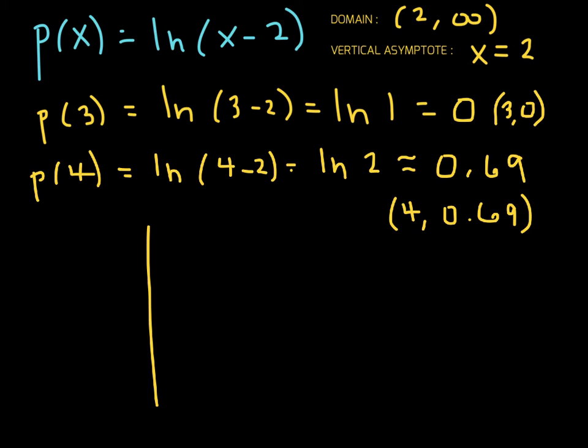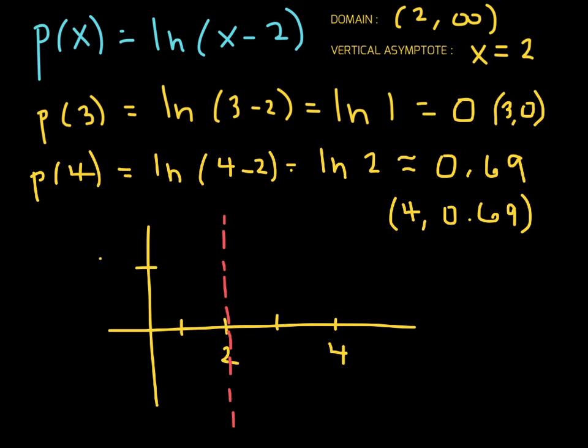Let's do it. Cool, so let's scale this out a little bit. Let's say this is 4 and this is 2. Let's maybe label every other one. So the vertical asymptote is x equal to 2, like this. Let me also scale my y-axis here.